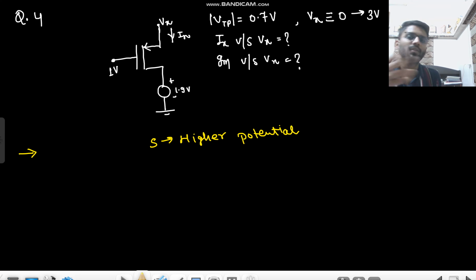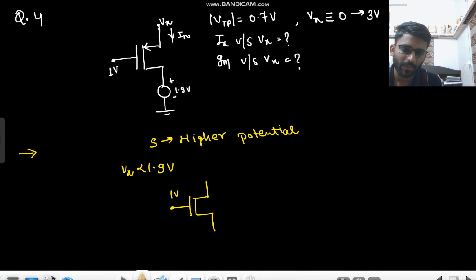So what do you see? If Vx is less than 1.9 volt, what will happen to the circuit? This is 1 volt. This will become source, and this will become drain. Current direction is from source to drain.